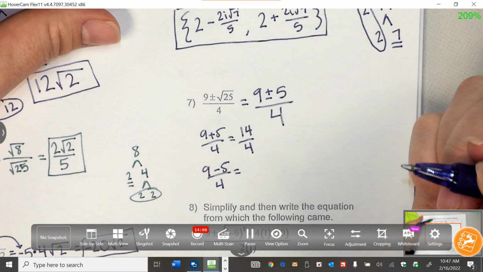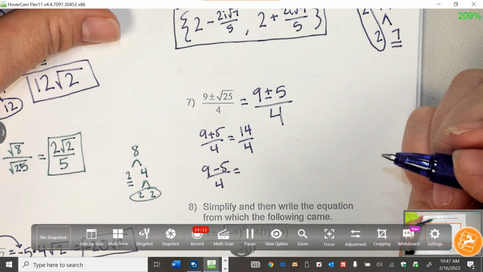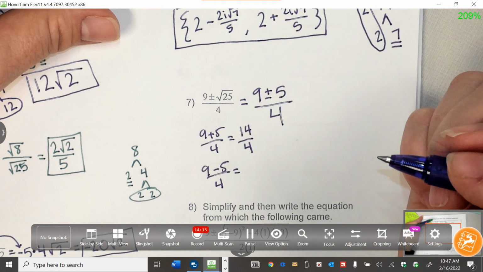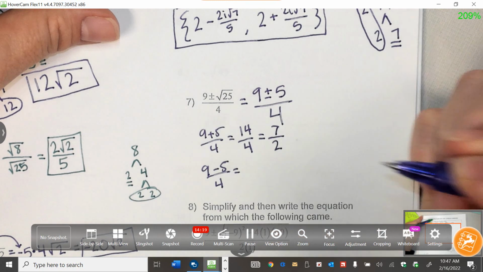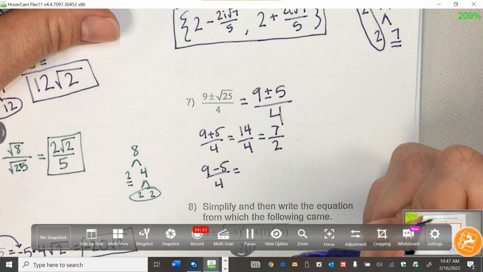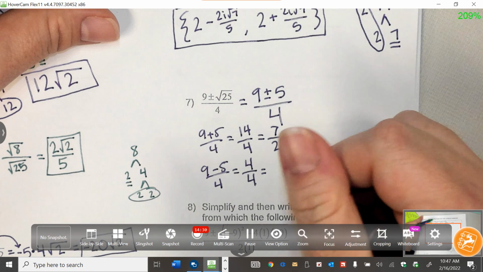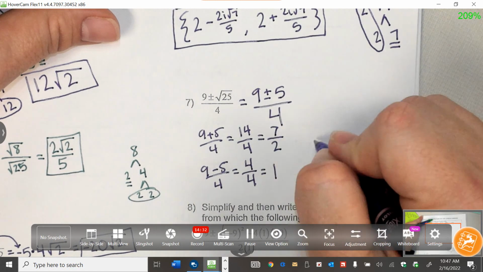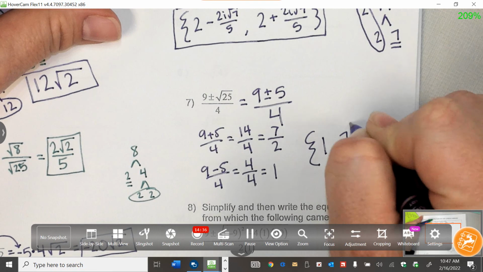What's 14 over 4 simplify to? 2 goes into both of them, right? So what's half of 14? And what's half of 4? 2. What's 9 minus 5? 4. Does 4 over 4 simplify? To what? 1. So we have 1 comma 7 over 2.